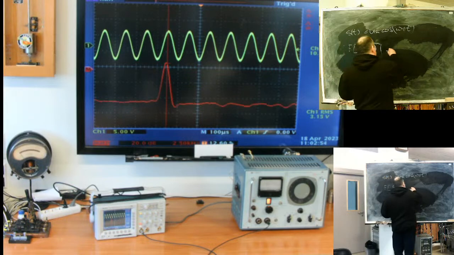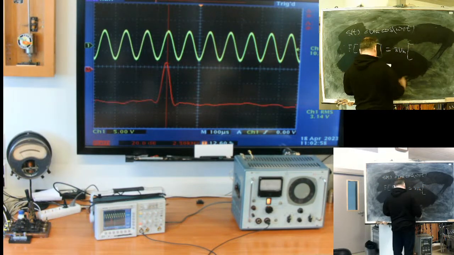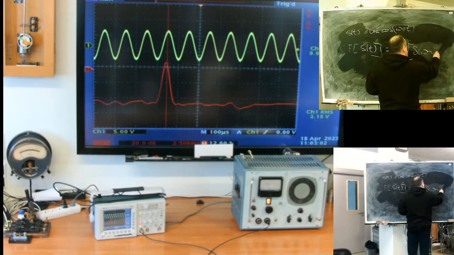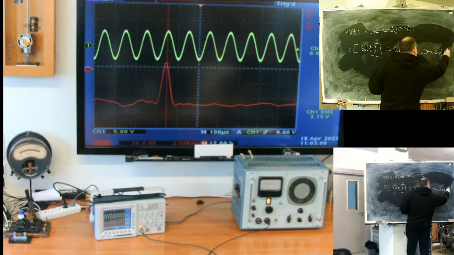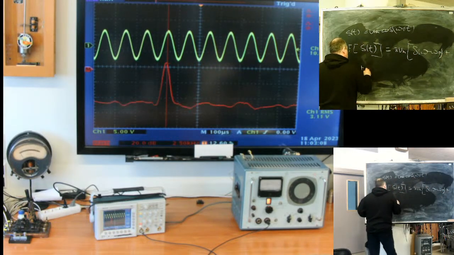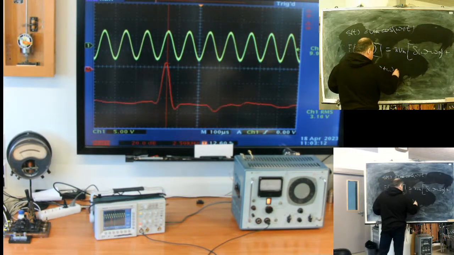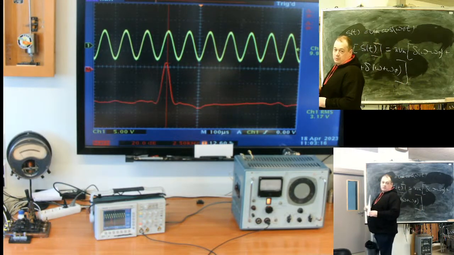I should get something like T multiplied by the delta function of omega minus omega 0, plus the delta function of omega plus omega 0. I'm observing only positive frequencies.